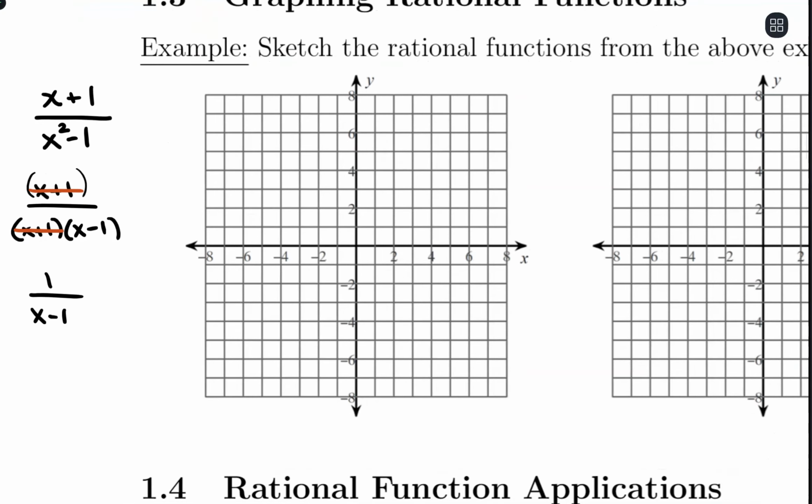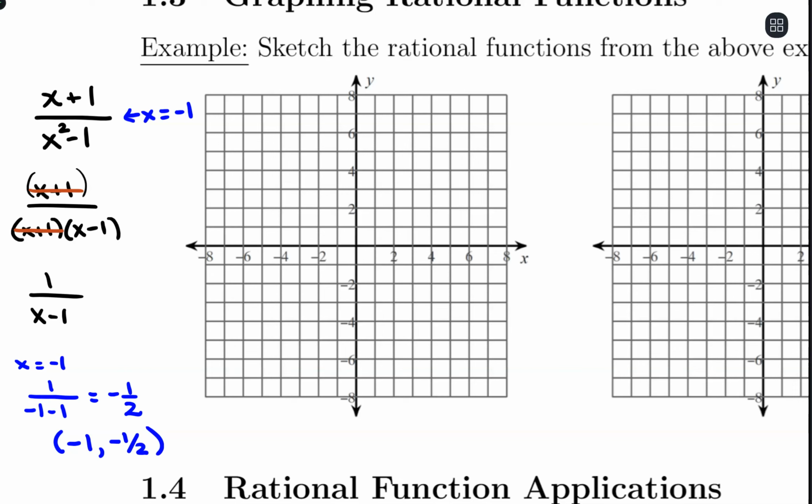So if I know that I'm undefined at x equals negative 1 up above there, what happens when I plug in x equals negative 1 into the simplified form? I end up with 1 over negative 1 minus 1, which is a negative 1/2. So from the simplified form, I actually have this coordinate of negative 1, negative 1/2.